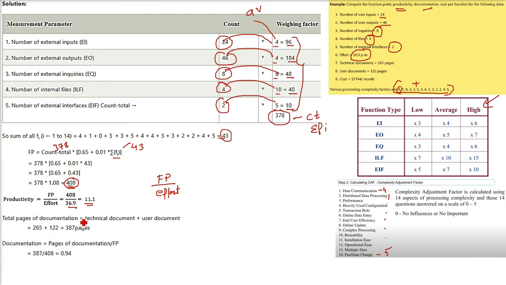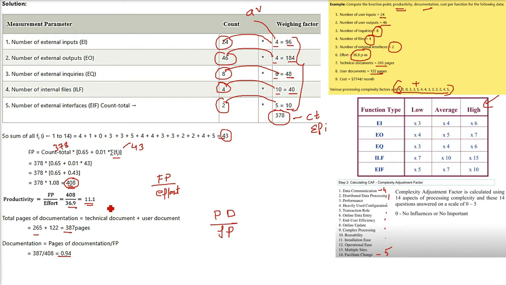For that we have to add the technical document as well as the user document. So you have 265 plus 122. Just add them. These are going to be the number of pages. And what is the documentation? The number of pages of documentation divided by the function points. So what do you get? Just divide them, 387 by 408. This is going to be 0.94. So this is 0.94 for documentation.